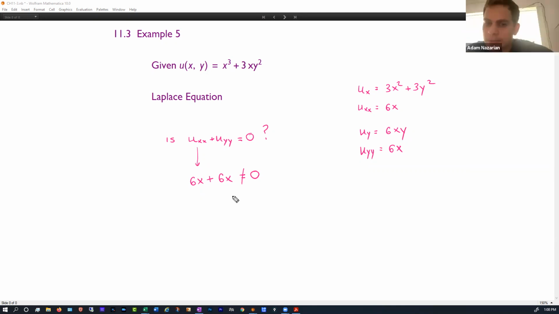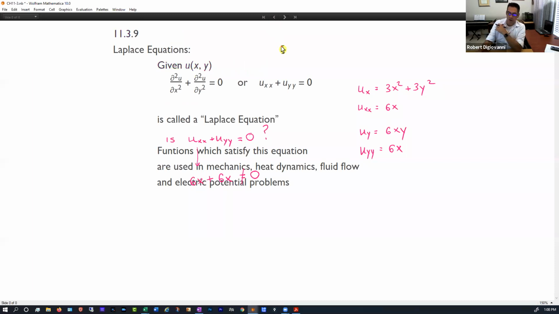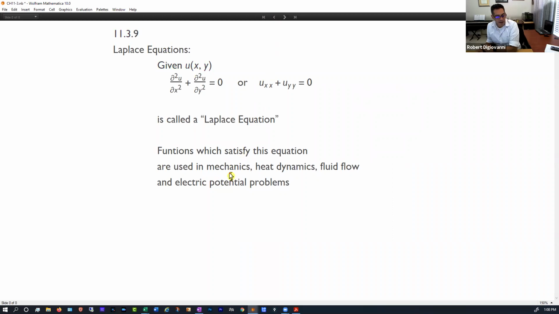Adam, did you have a question? What is this used for? So there's several applications to this. It depends on where you are, like what course you're looking at. But mechanics, so that would be like engineering, right? Heat dynamics, fluid flow. This is all really engineering.